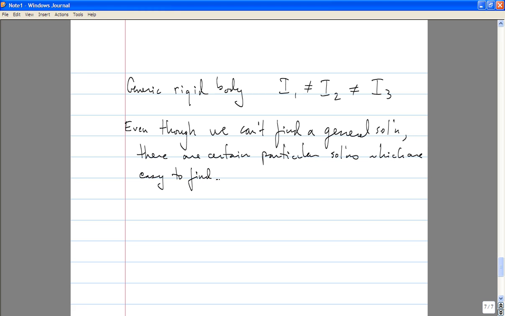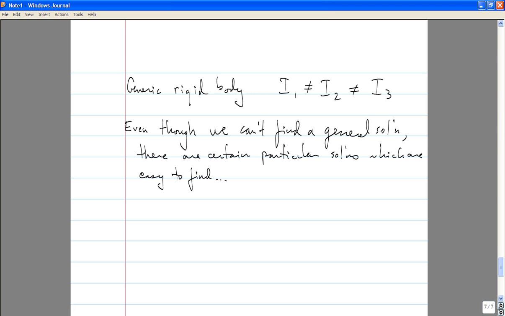For example, let's ask whether it's possible to have a rotation which is just about one of the principal axes, say the I1 principal axis.